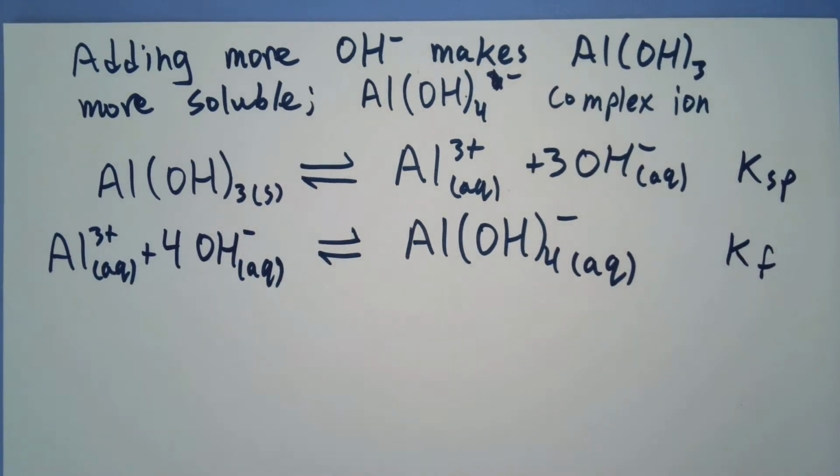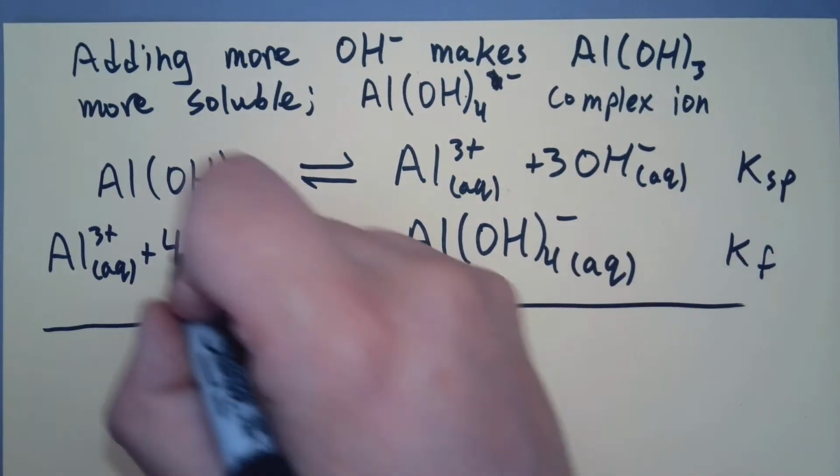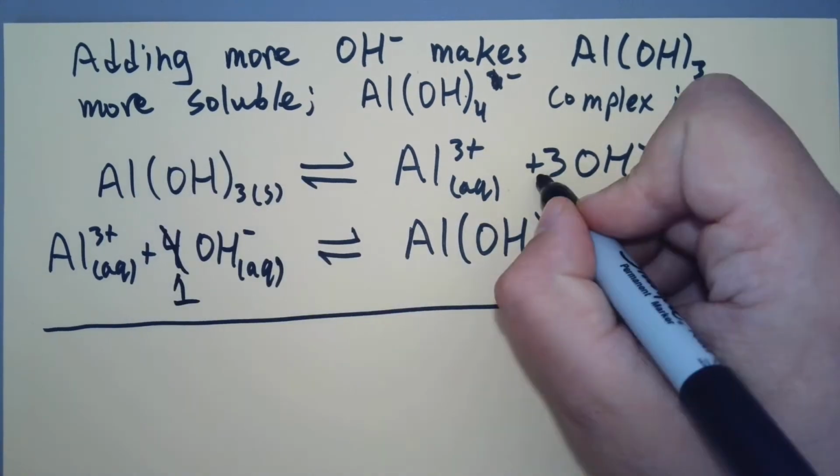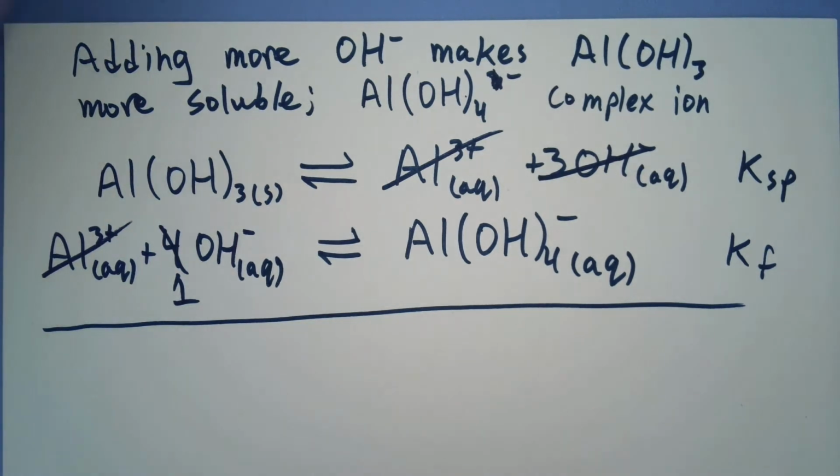No fancy math needed. And we can total them up. So the 4 becomes a 1 because it cancels with all 3 of those. My aluminum cancels, so the ion doesn't factor in.